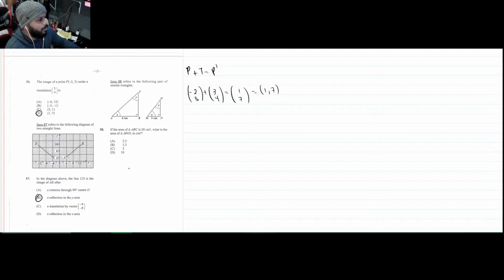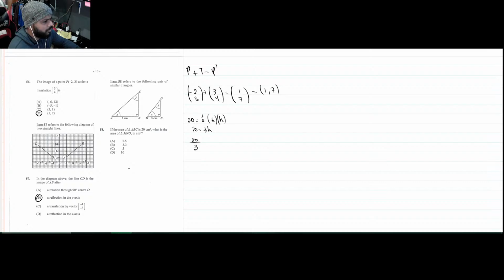If the area of ABC is 20, then 20 is equal to a half base by perpendicular height, 6 by the height, h. So 20 is equal to 3h, and the height is 20 divided by 3.